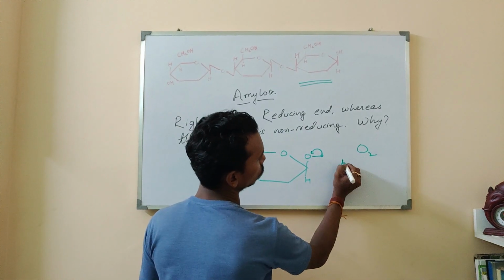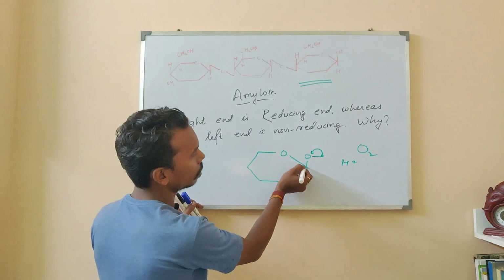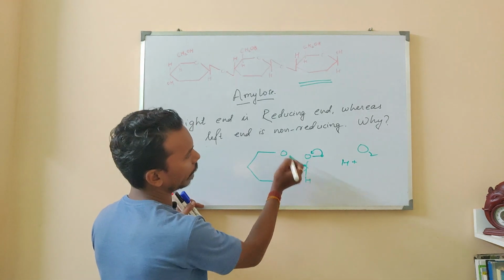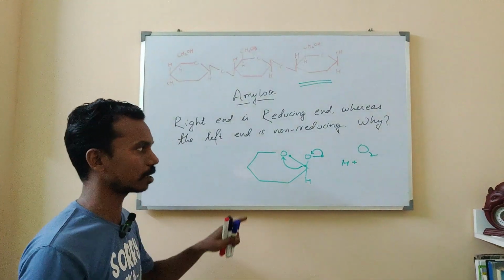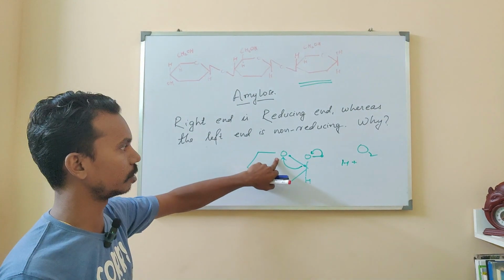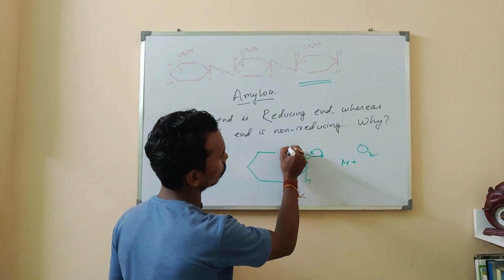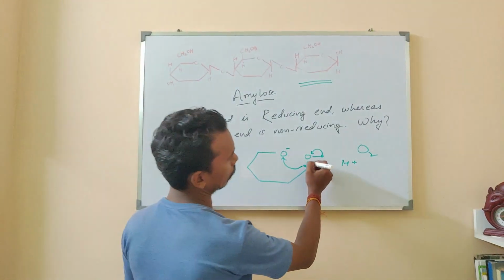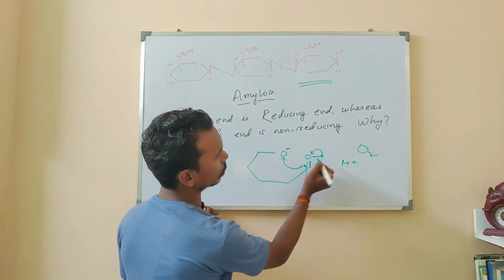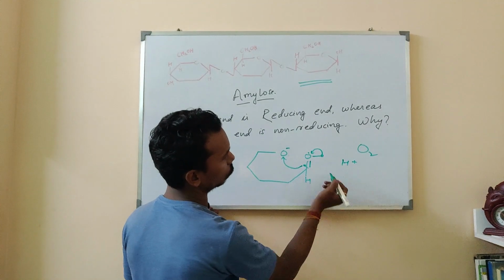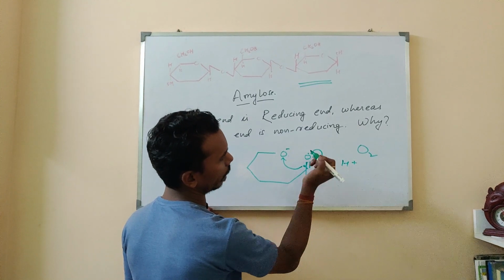So this hydrogen becomes H plus, and at the same time the electron shared between this carbon and oxygen is transferred back into the oxygen, so this bond will be broken and this will become O minus, and there comes a double bond between the carbon and oxygen with this electron that came from the hydrogen.